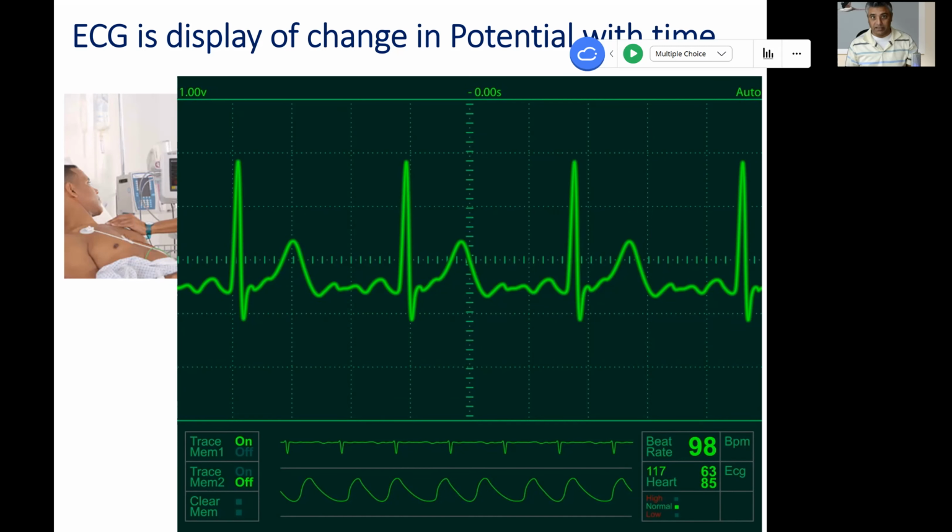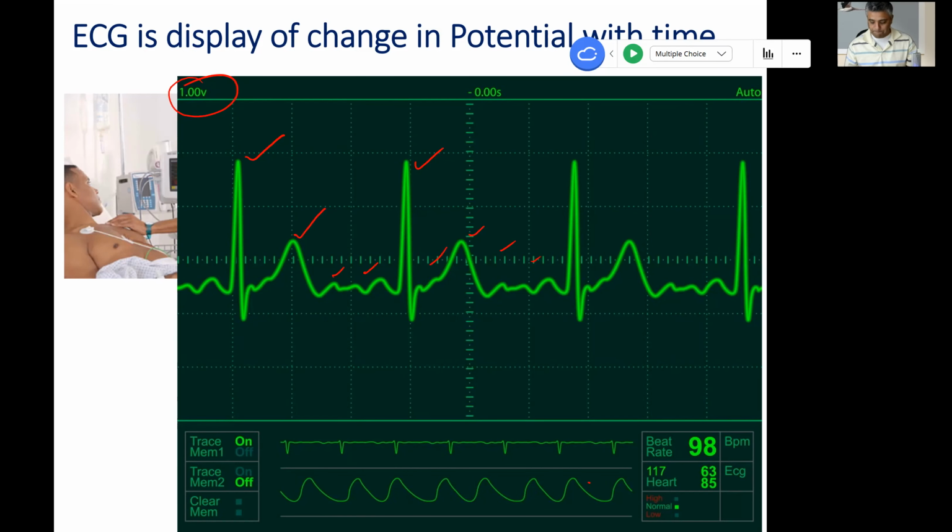I don't have training in medicine, of course. But as far as I know in terms of theory, these signals are repeating. As long as they follow the same pattern, that's normal. If the pattern changes, that means it's abnormal. The pattern could change differently for different reasons, and that's where a medical degree comes in handy. Anyway, what do you see? 1 volt. See, we are measuring the potential there.